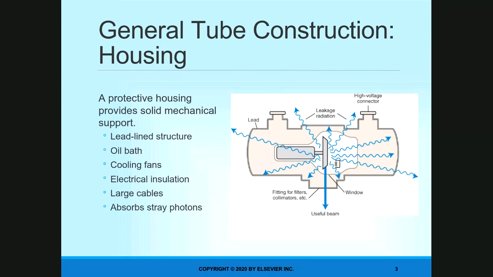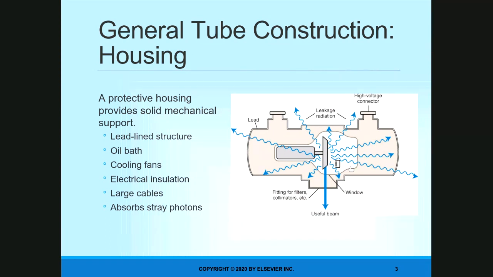And that 99% that is turned into heat has to be dissipated in some way, and that's where that oil bath comes into play. Now, this housing here typically protects the X-ray tube itself. An average tube life, assuming that it's taken care of well and that you do all the preventative maintenance, is probably about 5 to 7 years.